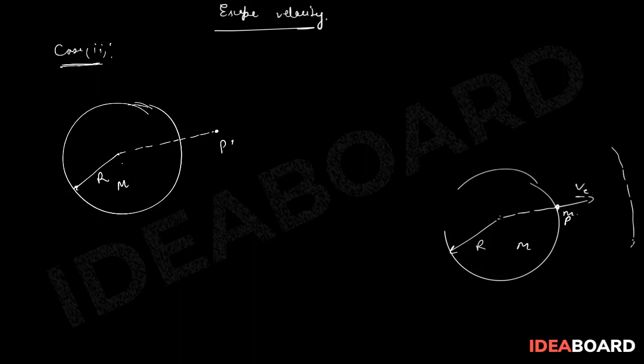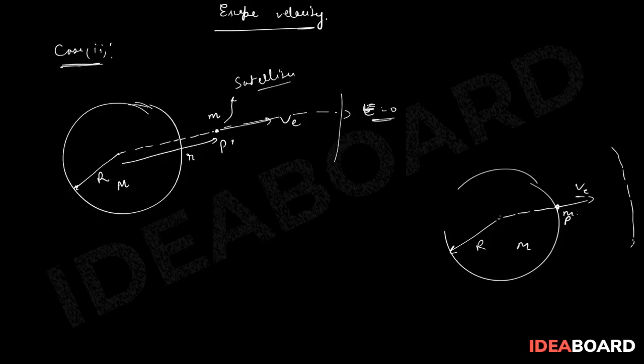The distance from the center is r. If the object of mass m is at this height, you can take the case of a satellite revolving around the earth. How much velocity should we provide so that this satellite can escape the gravitational field of the earth? If it escapes, that means energy has to be 0.